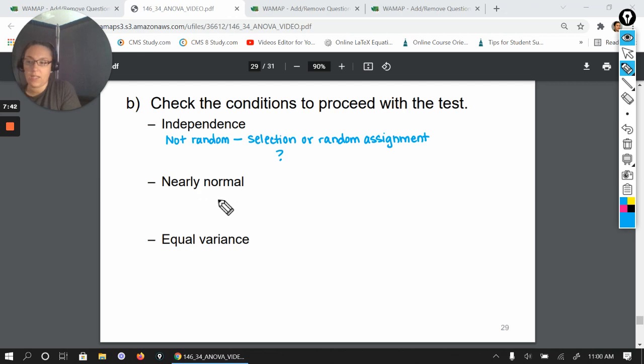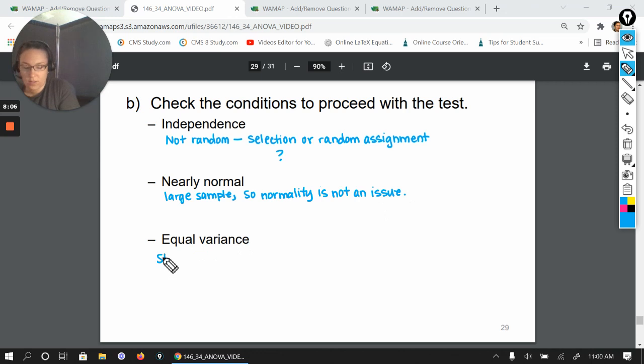Does it satisfy nearly normal? Well, this is a large sample. So normality is not an issue. Equal variance?